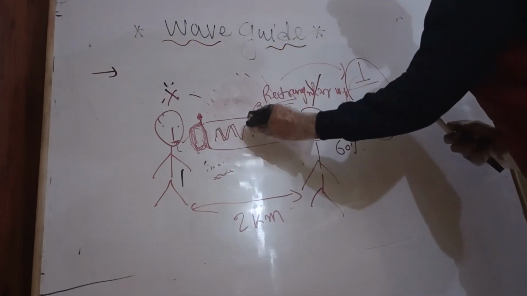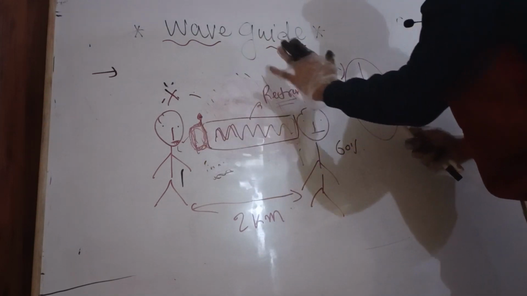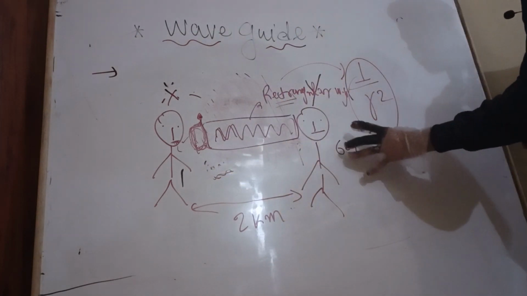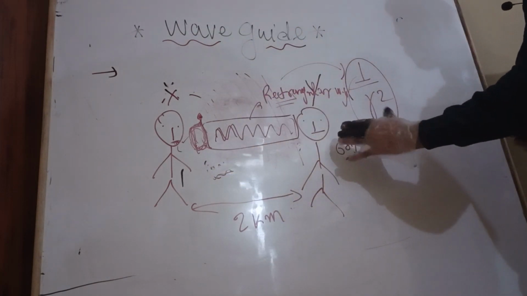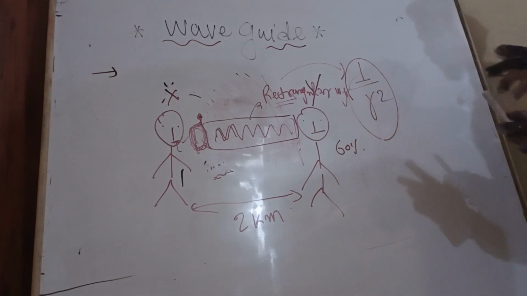These waves are microwaves, meaning high frequency signals, with a frequency range from 300 megahertz to 300 gigahertz.